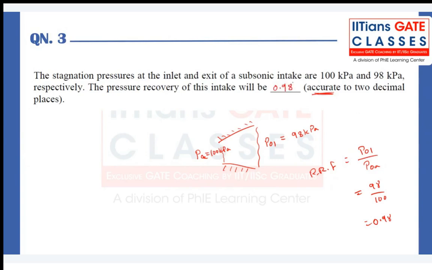Right. Why is this pressure recovery important, especially for intakes? The loss that you can see is a total pressure loss or stagnation pressure loss. It is directly related to your entropy rise. How?